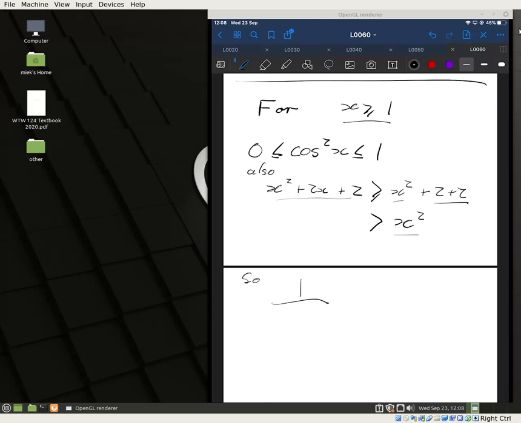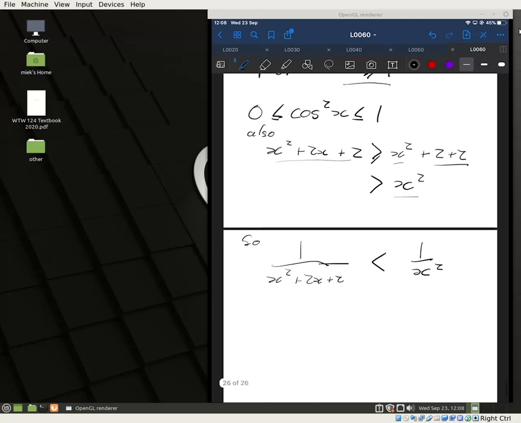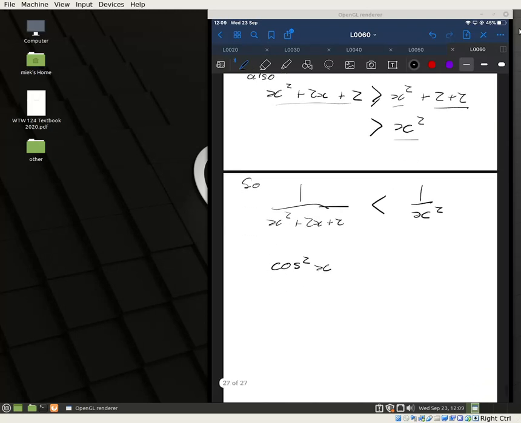We also have that 1 over x squared plus 2x plus 2 is going to be less than 1 over x squared. And also, what can we then say about cosine squared x over x squared plus 2x plus 2?